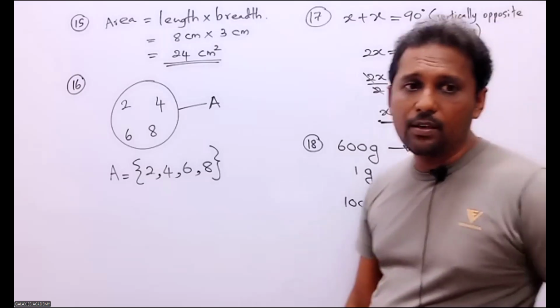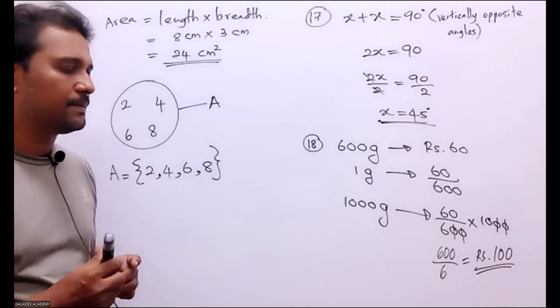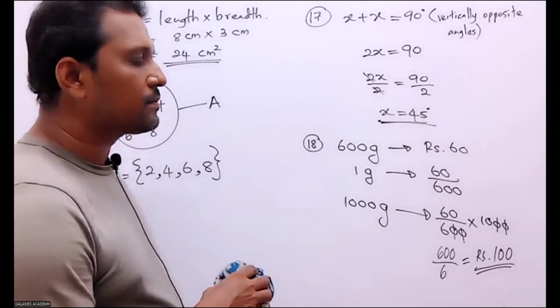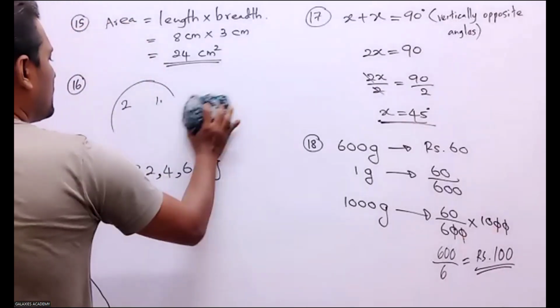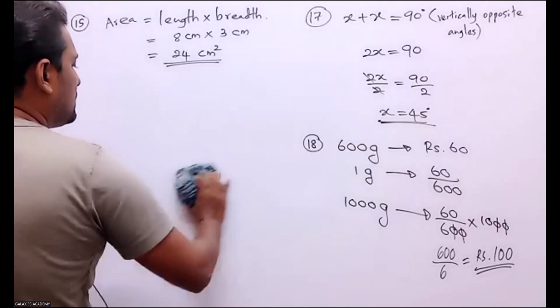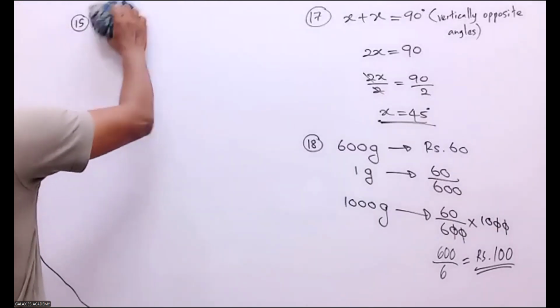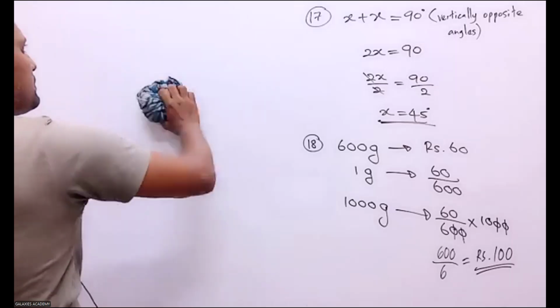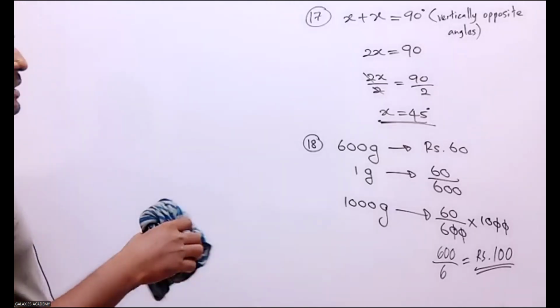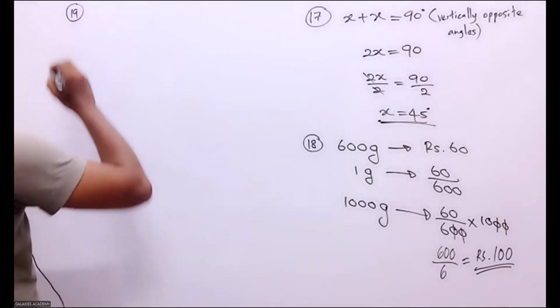The price of 1 kilogram of sugar is 100 rupees. Right, then another 2 questions remaining of the first part.